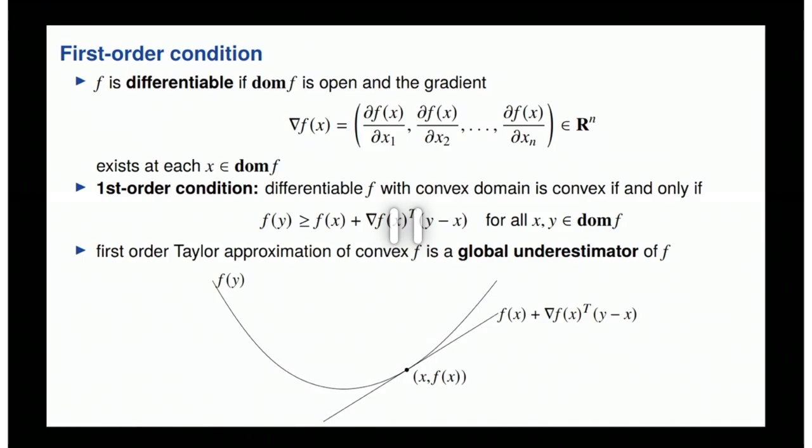But if I'm talking about the differentiable class C1, what is the condition for convexity? The condition for convexity is that the function should be above the tangent line.